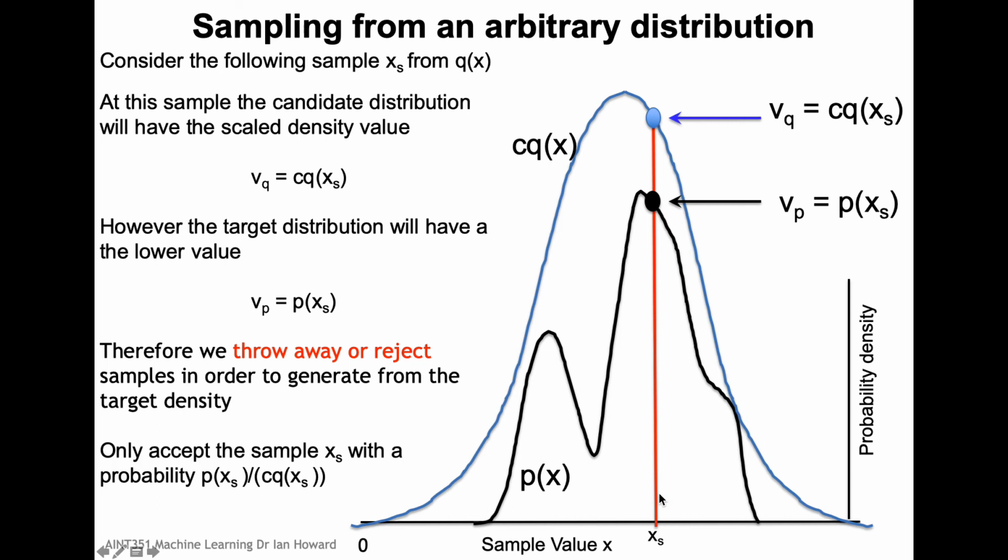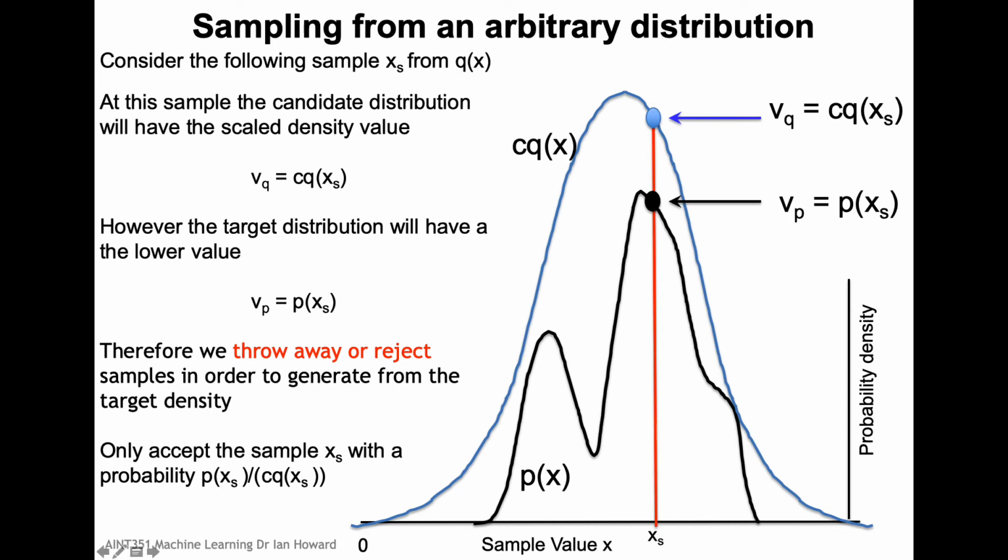In other words, we only accept a sample x_s with a certain probability, and that probability is this p(x_s) distance divided by this c q(x_s) distance, right? So this gives us a probability that we actually keep the sample. And if we do that, we end up looking as if we're sampling from p(x) as opposed to from q(x).